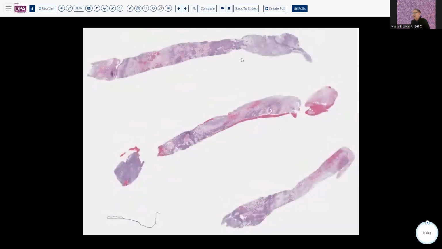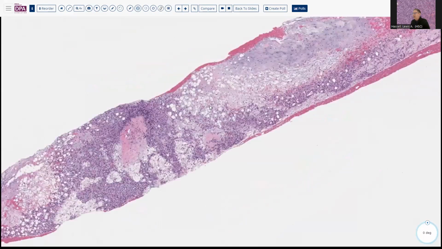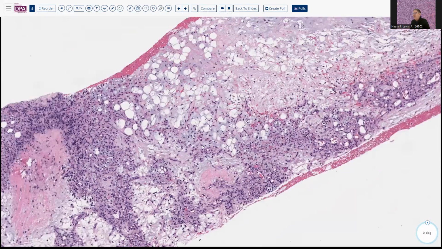So here's a needle biopsy. You can see this sort of heterogeneous zonal pattern of light and dark areas. We can see some degree of lipogenic component here with this abundant myxoid tissue here.